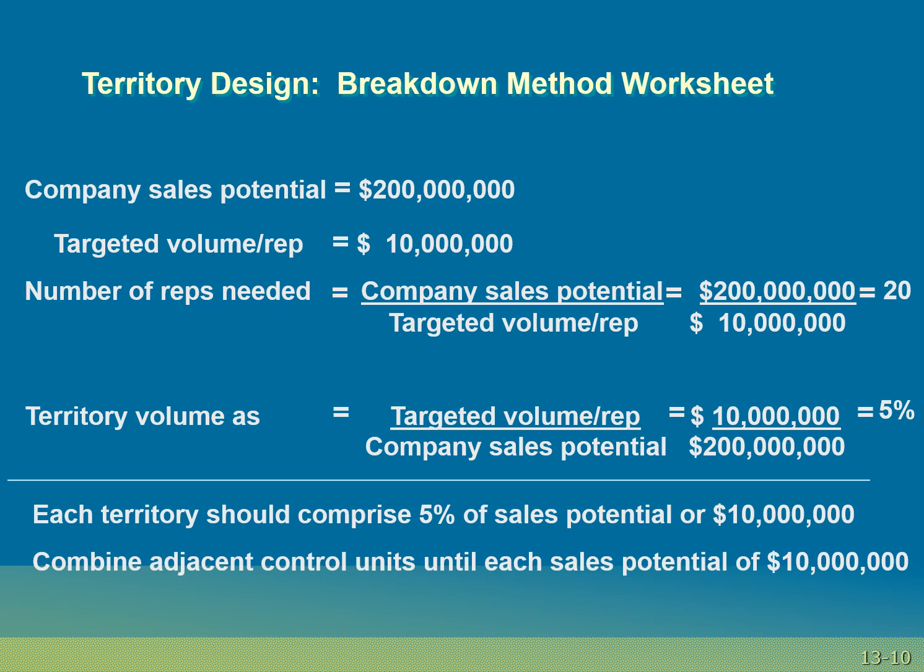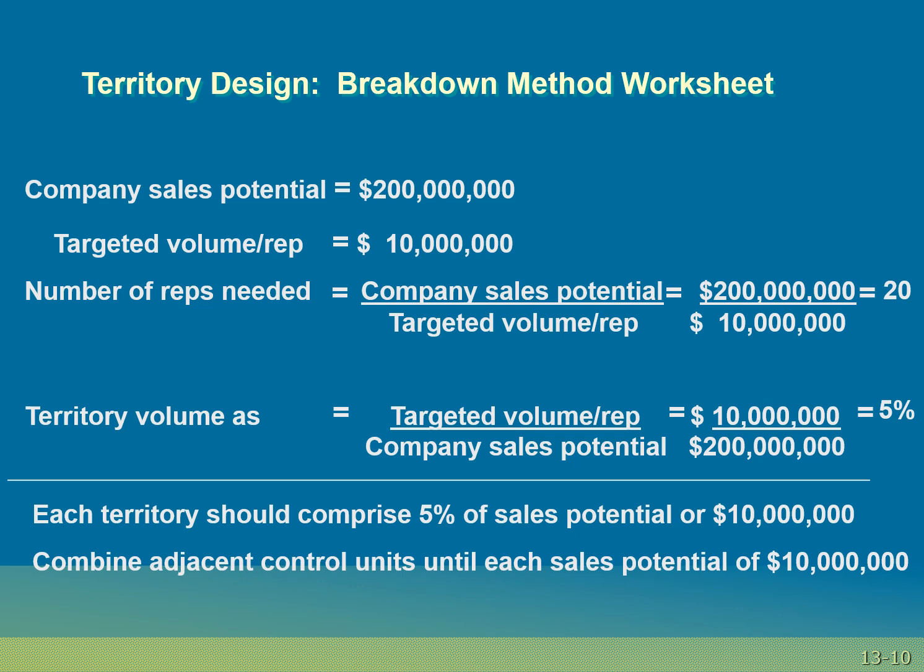How many sales reps do you need? The number of reps needed is the company's sales potential divided by the targeted volume per rep. So $200 million divided by $10 million gives you 20 sales reps. You need to hire 20 sales reps.